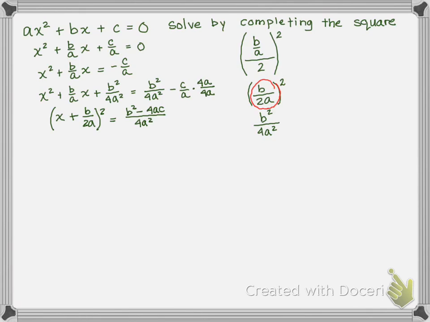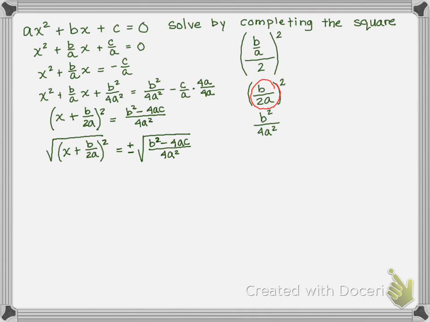Now we can take the square root of both sides. So we have the square root of x plus b over 2a squared equals plus or minus the square root of b squared minus 4ac over 4a squared.